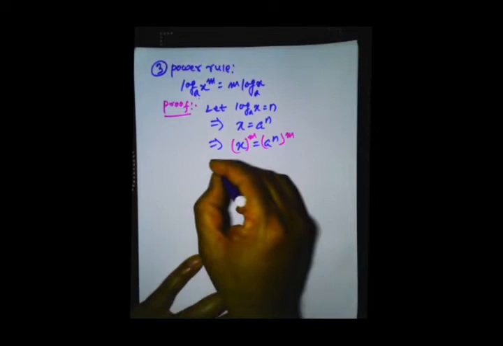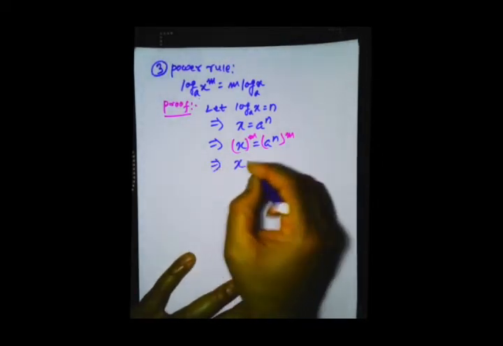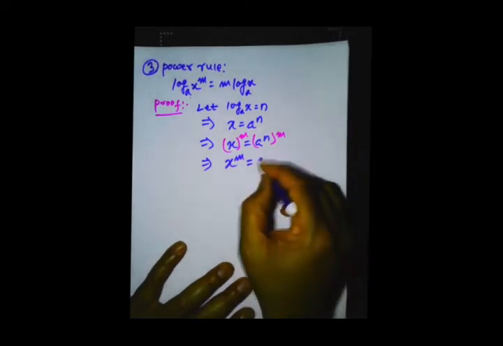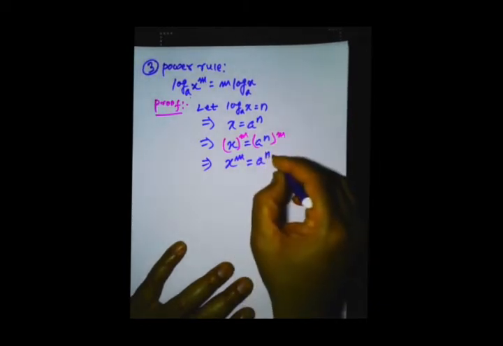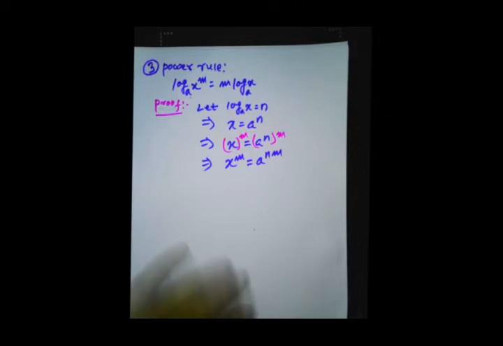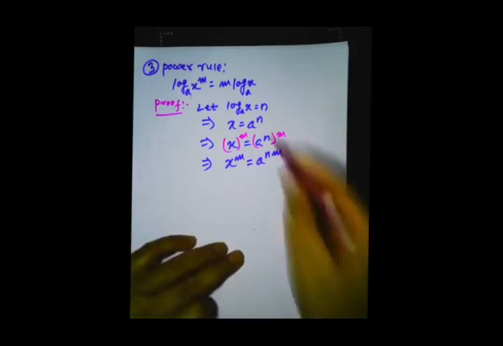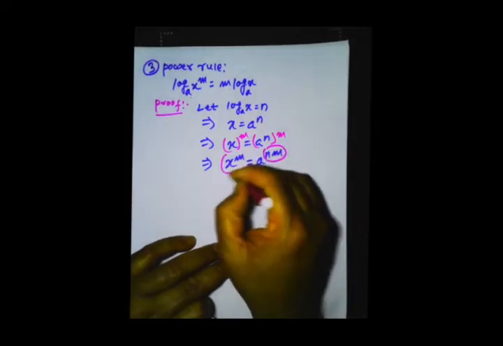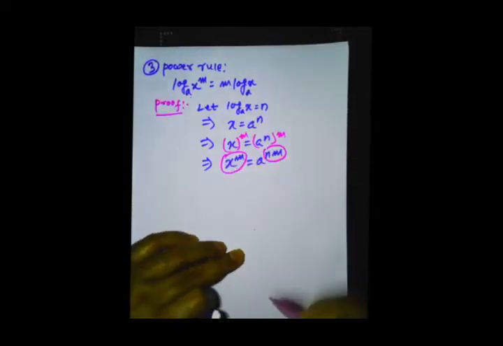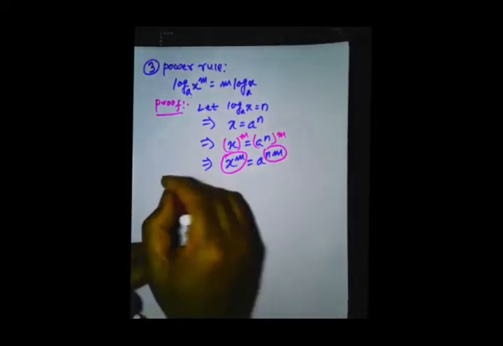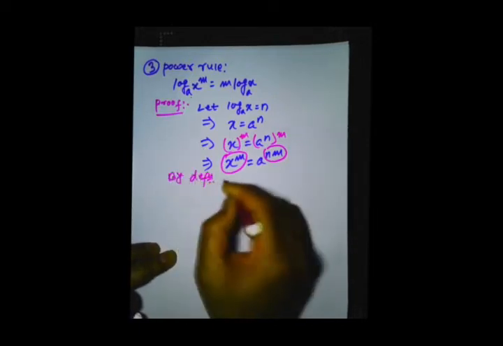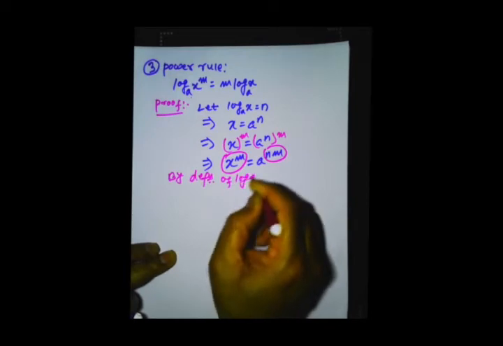Now after this step, it's going to be x to the power m, and it's going to be a to the power n times m. Now suppose this nm is a single number, and this x to the power m is also a single number. Now you can apply the definition of logarithm.